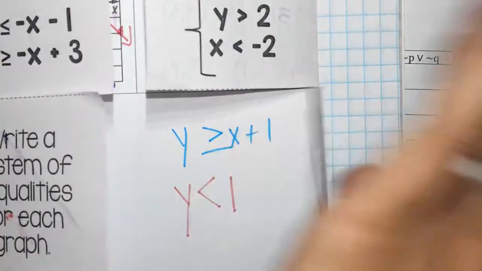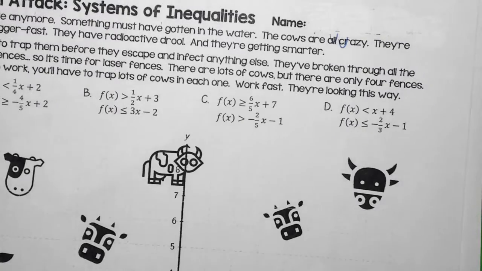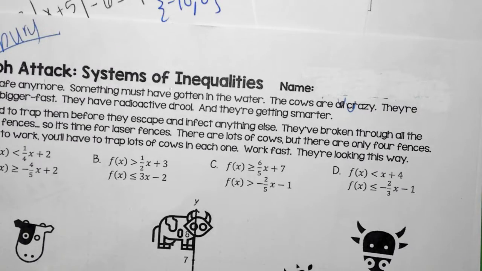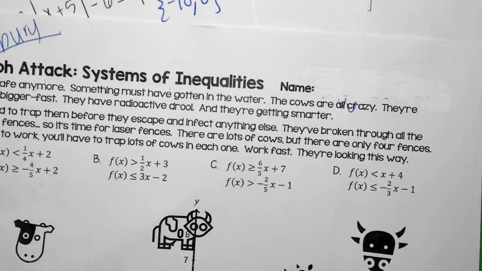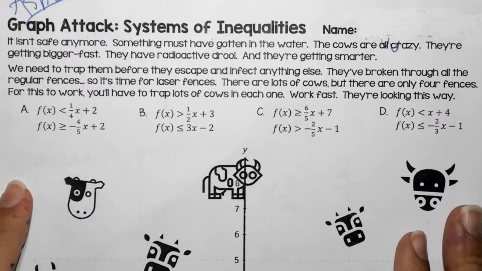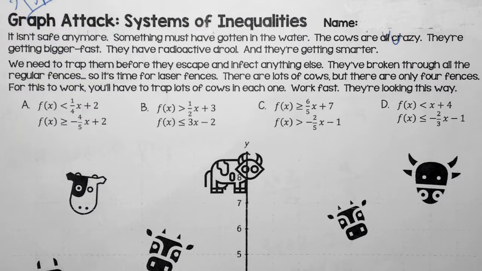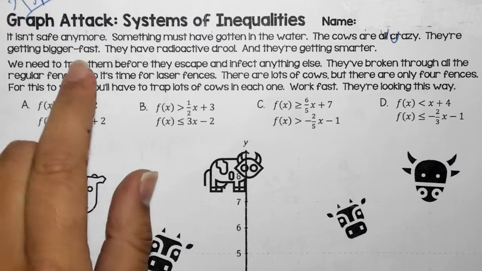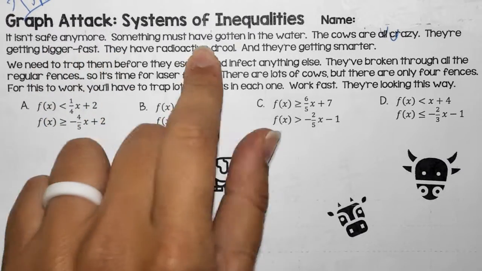Why call it a hamburger? Shouldn't you call it a cow burger? It says that it isn't safe anymore. It isn't safe anymore. Something must have gotten in the water.